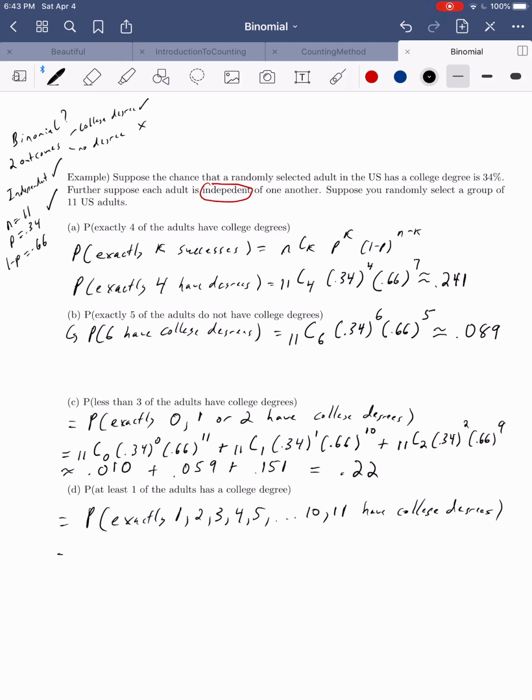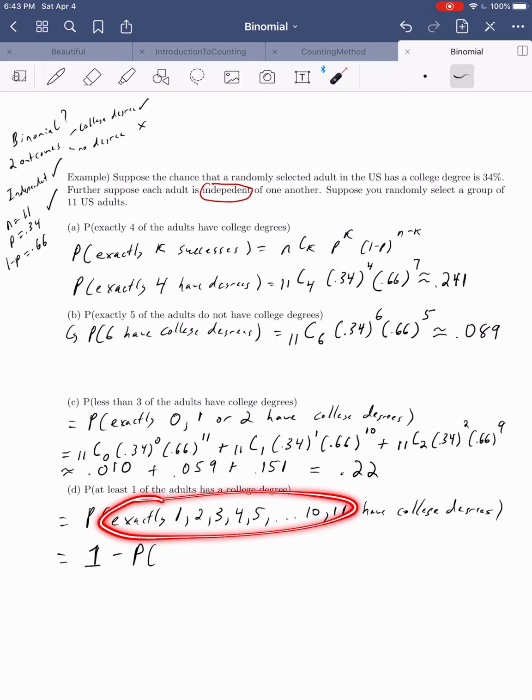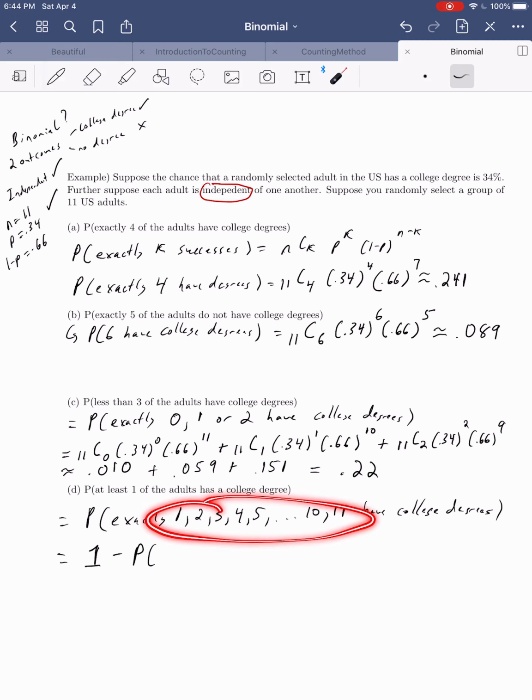We can use the complement. Remember, the complement is 1 minus the probability of whatever is not on this list. Well, there's only one thing that's not on this list, right? You can have exactly 1, 2, 3, 4, 5, down to 11 people have degrees. The only option that's not listed here is exactly 0.